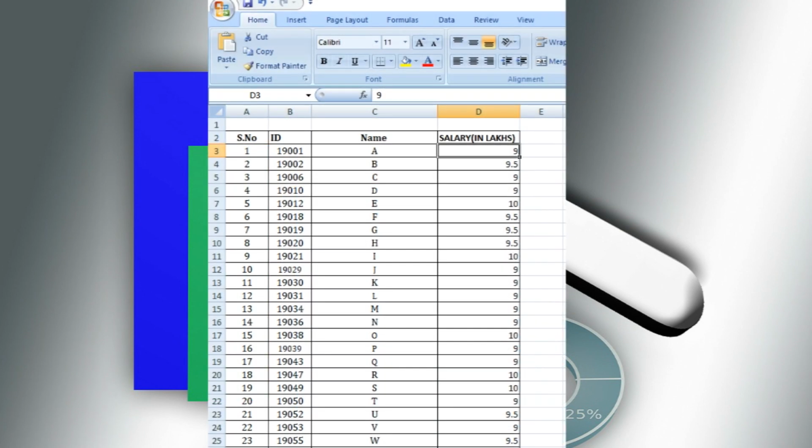We have employees and this salary indicates the salary per month of the employees, where employee IDs are 1901, 1902 and so on, and the salary for a particular month is, say, 9.5 and so on. Such type of data is cross-sectional data.